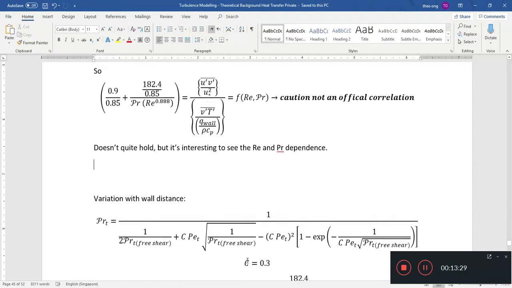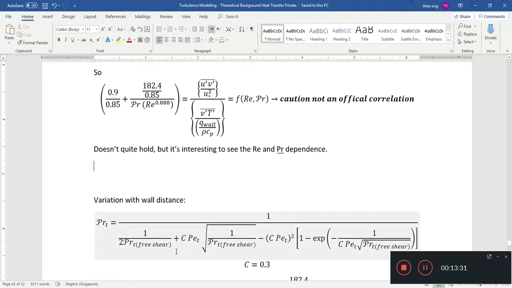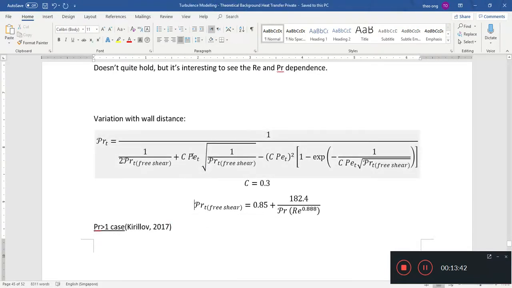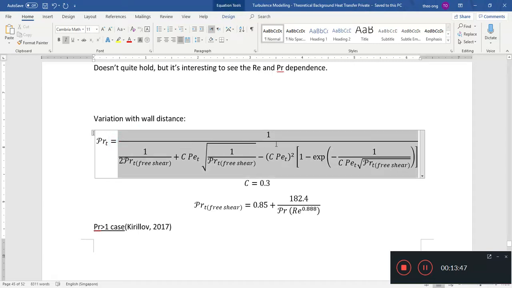Okay, so like any fluid, the turbulent Prandtl number will deviate away from the wall, and this was the Kays and Crawford model, where you have the Prandtl number as a function of the following.